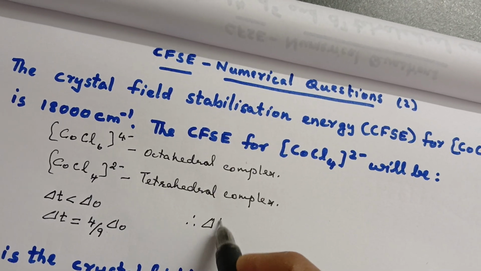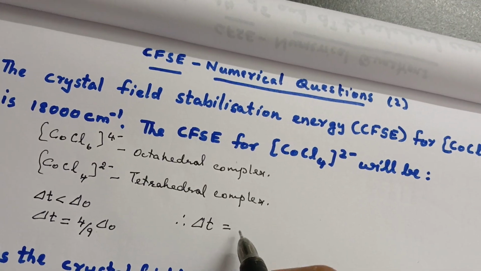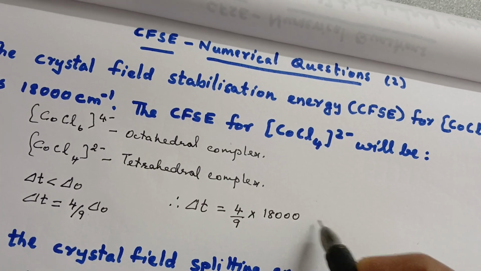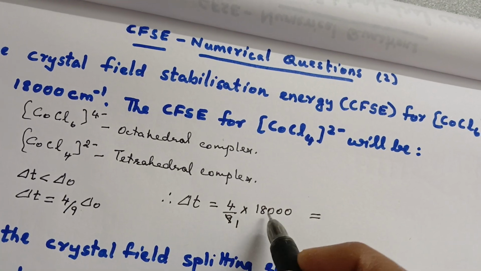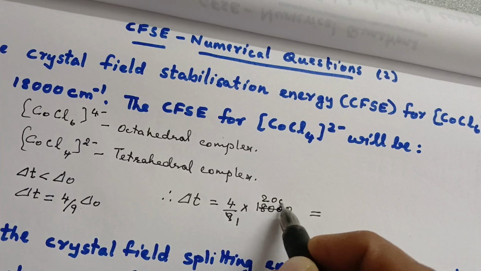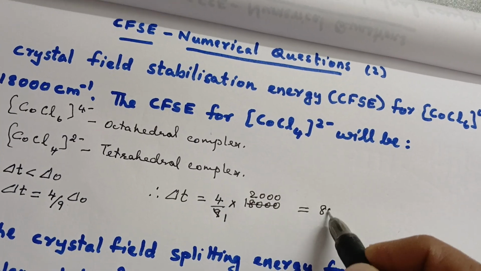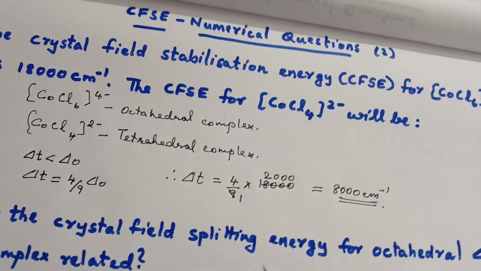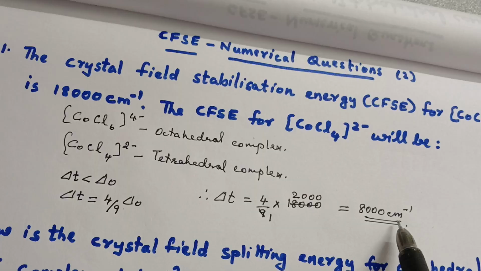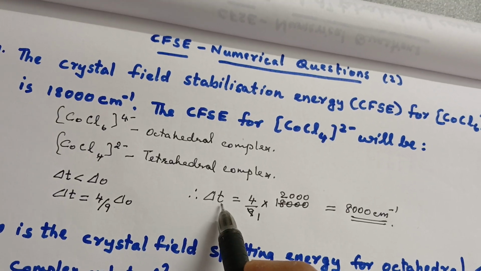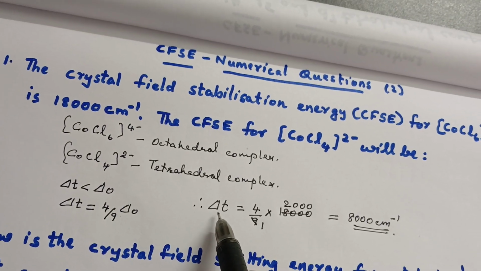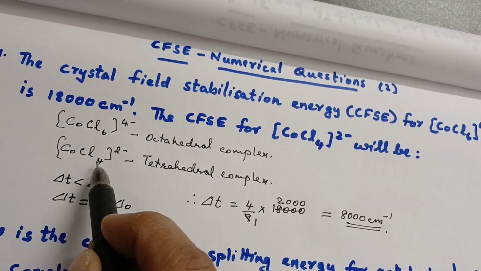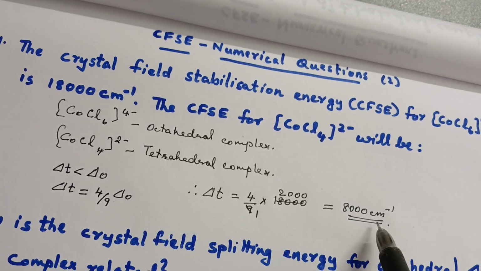Therefore, delta T equals 4 by 9 into 18,000, which is equal to 8,000 centimeter inverse. So this 8,000 centimeter inverse is delta T. Now delta T is the CFSE for a tetrahedral complex, CoCl4 2 minus. That is what we are asked here.